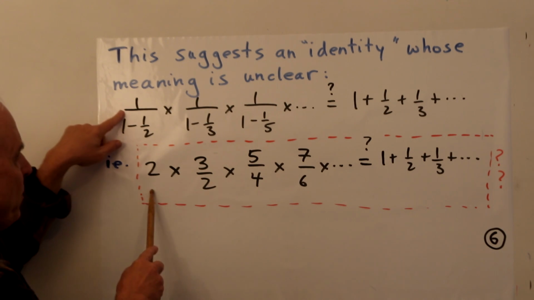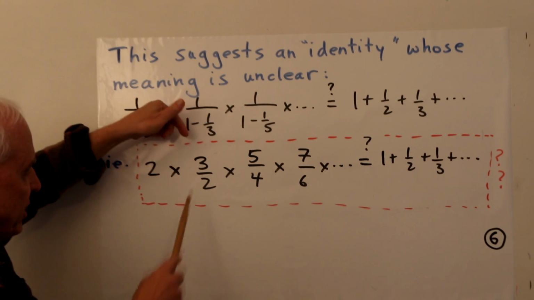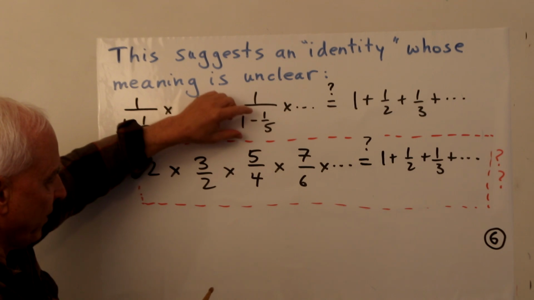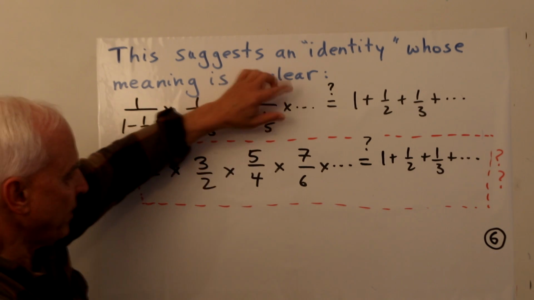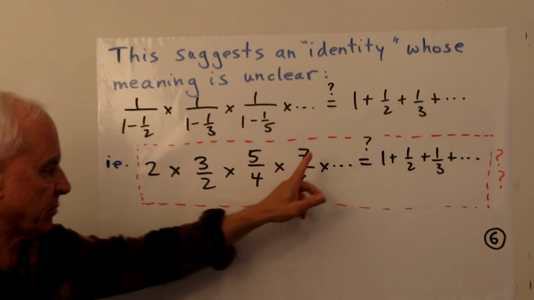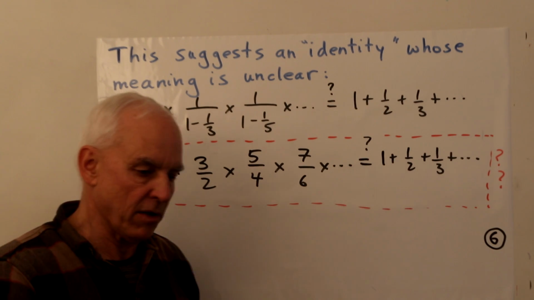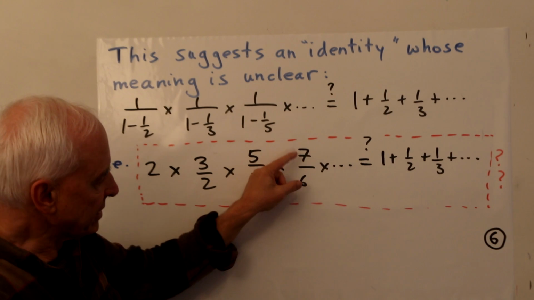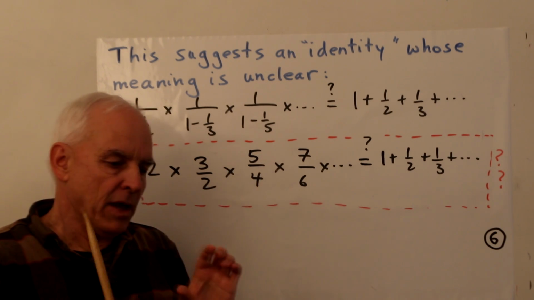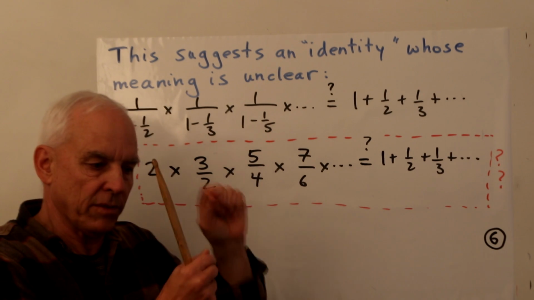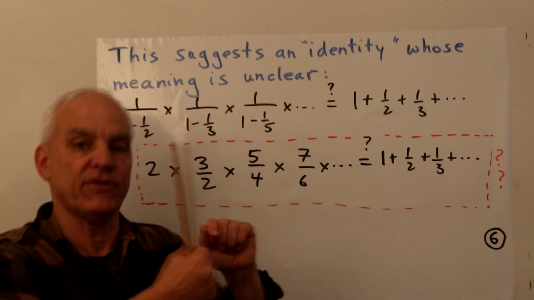Well, this is 2, and this is 1 over 2/3, that's 3/2, and this is 1 over 4/5, which is the same as 5/4, and then the next one will be 7/6, and the next prime is 11, so it'll be 11 over 10, and the next one is 13, so it'll be 13 over 12. Now, all of these quotients that we're getting are pretty close to 1, because they're a prime divided by 1 less than the prime.